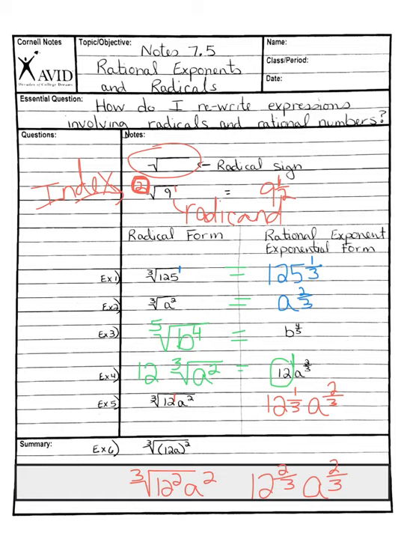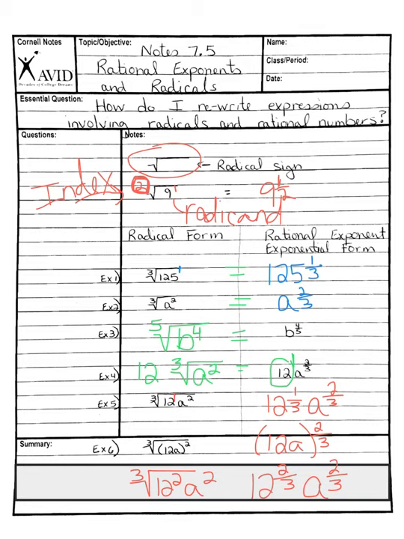We just kind of broke it up just so we know that the 12 and the a are both squared. But we also could just put parentheses and write the 12 and a in parentheses and know that they're both squared. And the index is 3, so it's 2/3. I know that was probably a little confusing.